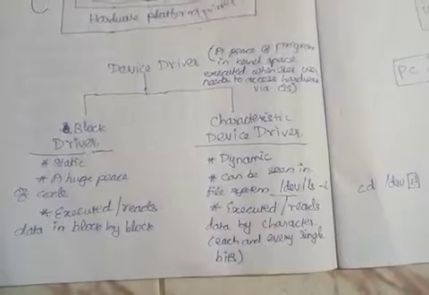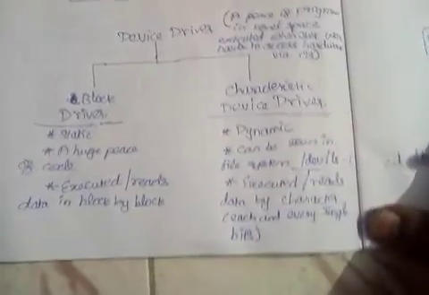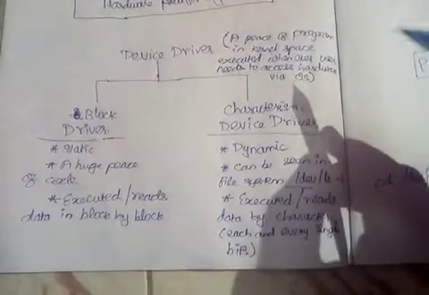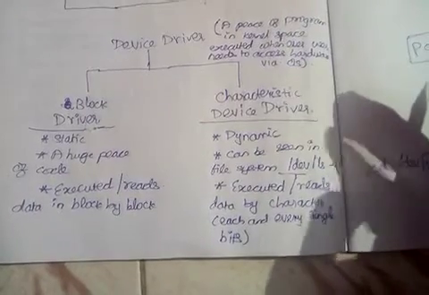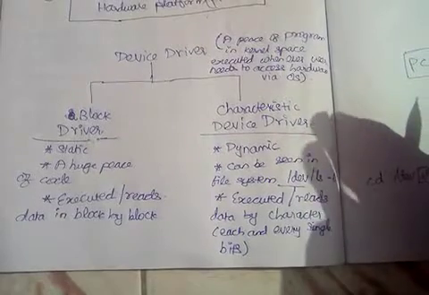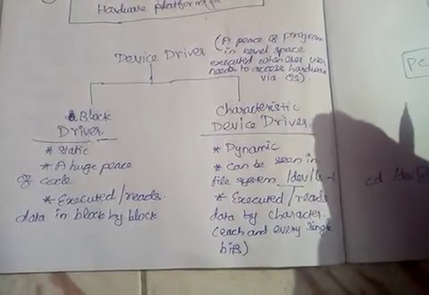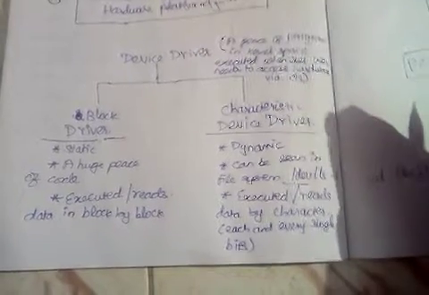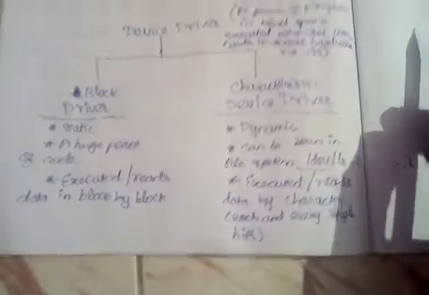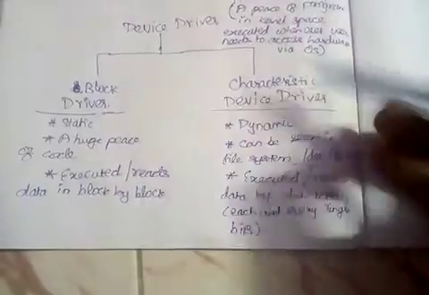Now let me explain the different types of device drivers. There are many different types of drivers. I'm going to give you only three types, which will be enough for easy understanding: block device driver, character device driver, and null driver.